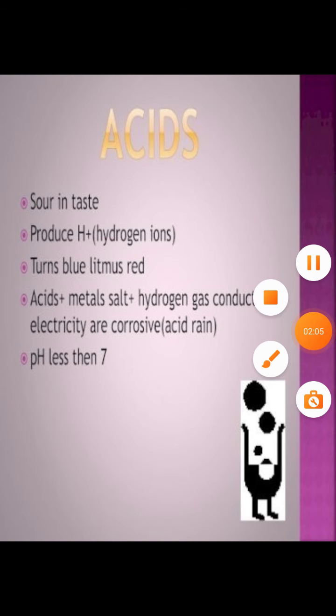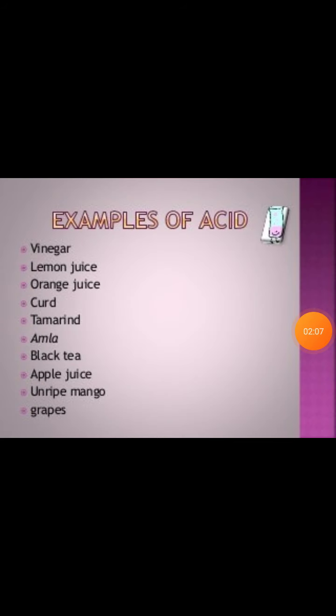So this is about acids. Examples of acids, children: vinegar, lemon juice, orange juice, curd, tamarind, amla, black tea, apple juice, ripe mango, grapes, and so on.